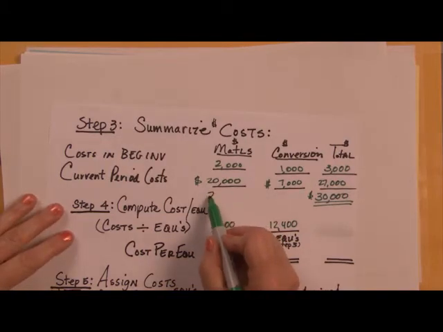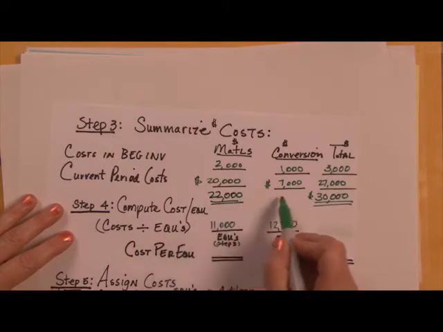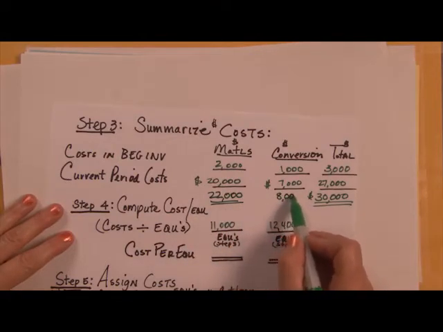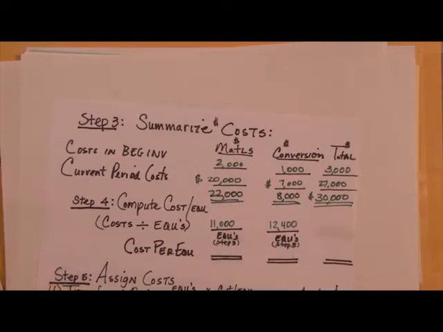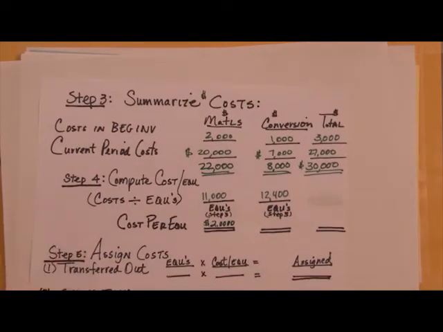And let me give you totals here. $22,000 for materials and $8,000 for conversion cost. So we have $22,000 divided by 11,000 EQUs, $2 a unit.